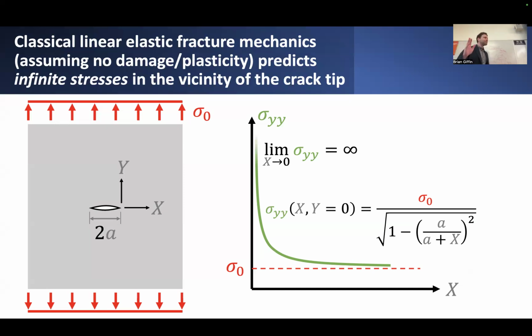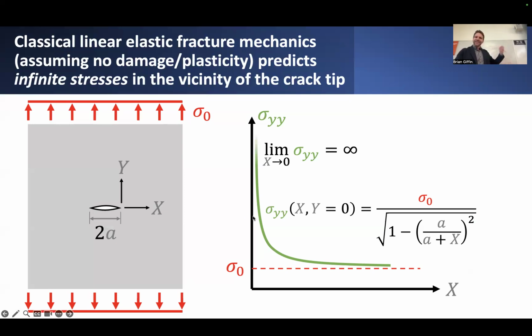Now, it is true, however, that real materials don't behave like this. A real material can never sustain an infinite stress. So what does it do? Well, it has to undergo some local deformation processes in the vicinity of the crack tip. If you have plasticity, if you have microscale cracking and damage going on, technically the stresses will plateau at some particular value that's nominally proportional to the yield stress in the material, or some critical threshold.